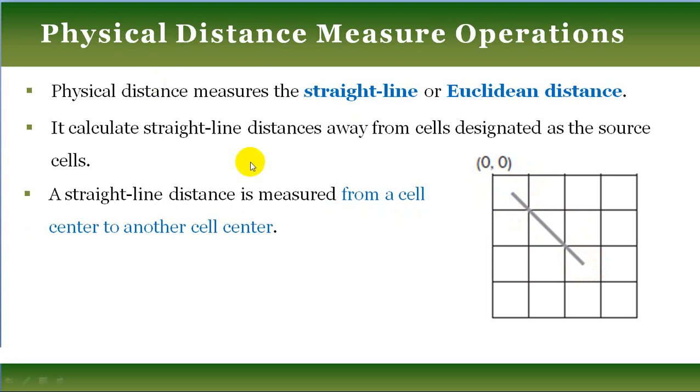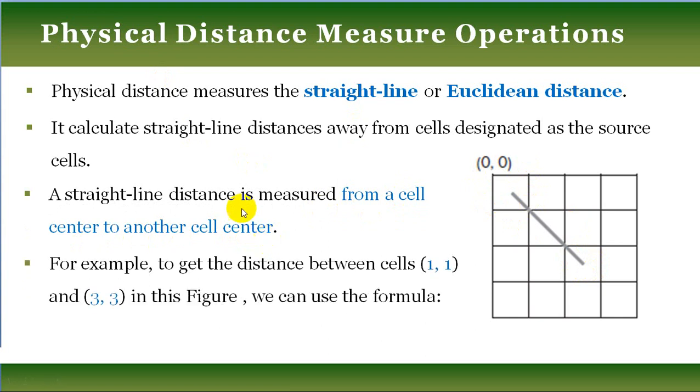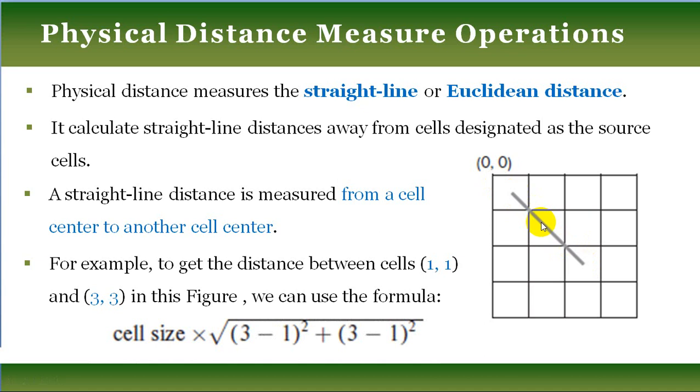For example, to get the distance from cell 1, meaning column number 1, row number 1, to cell 3, meaning column number 3, row number 3, the cell addresses are represented by 11 and 33. If you calculate the distance between those two cell centers, we can use this formula.